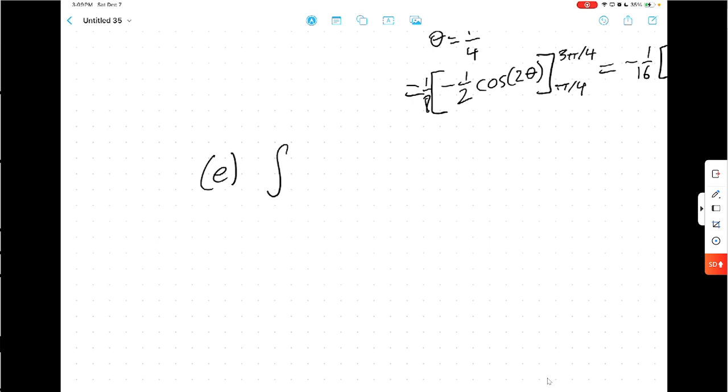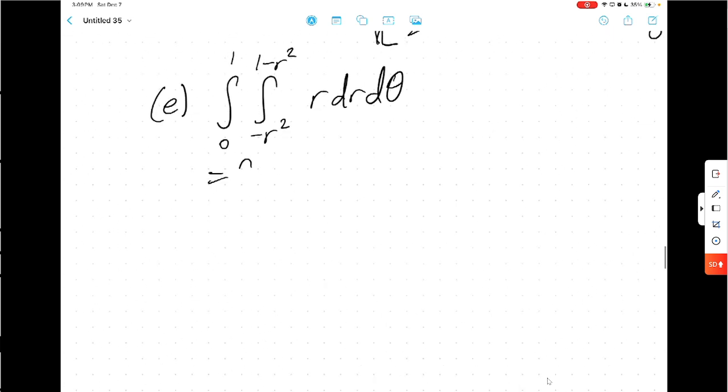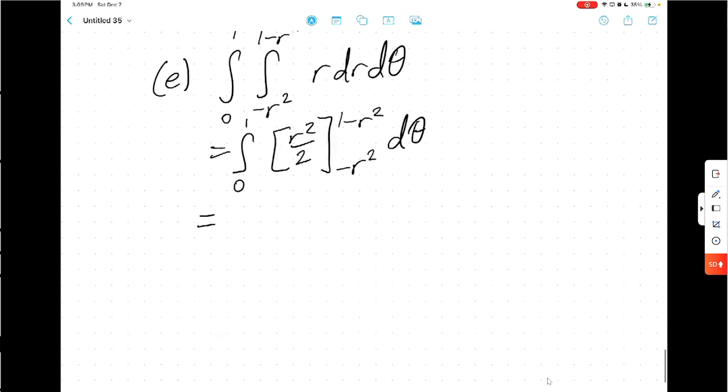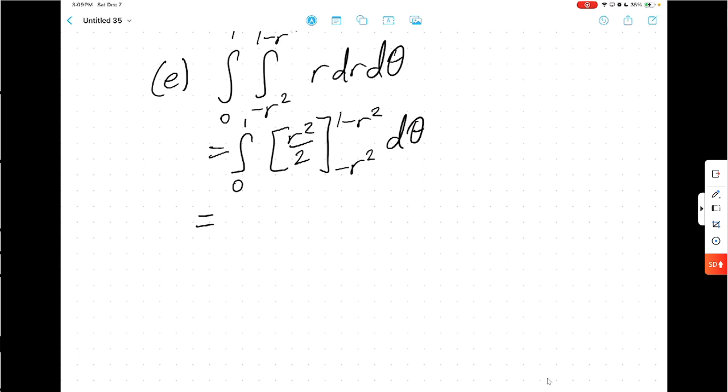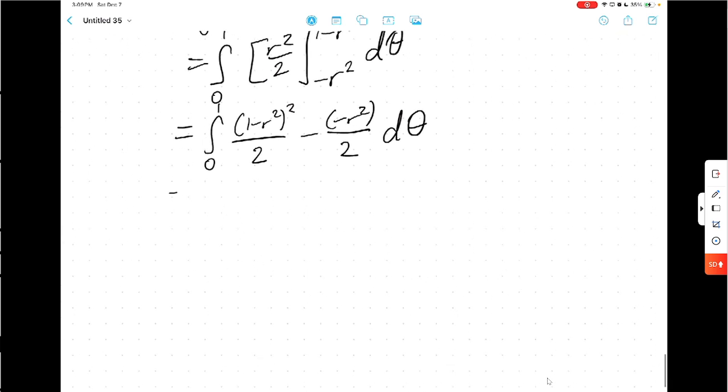E. This one actually doesn't make that much sense, but I'm going to just compute it. So we have r squared over 2 evaluated from, yes, I have no idea why I did this, from negative r squared to 1 minus r squared. So we get 1 minus r squared over 2 minus negative r squared over 2, d theta.